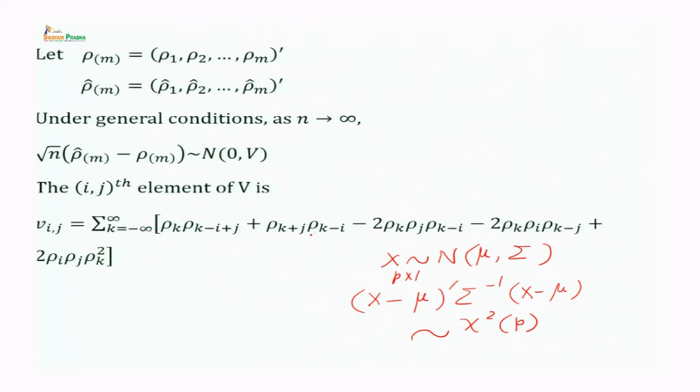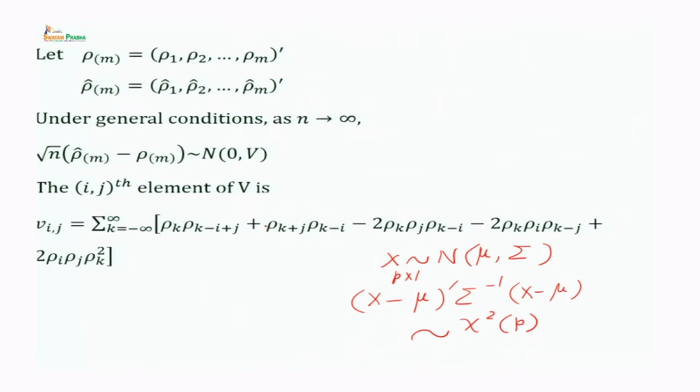Then in the second expression, rho k plus j, rho k minus i, for i equal to j, either rho k plus j is equal to 0 or rho k minus i is equal to 0, or both are equal to 0.